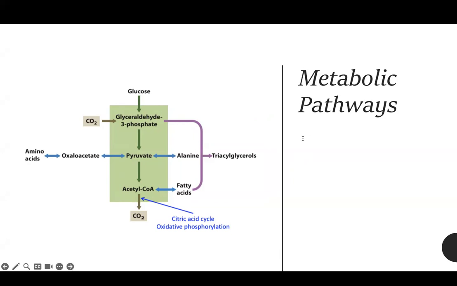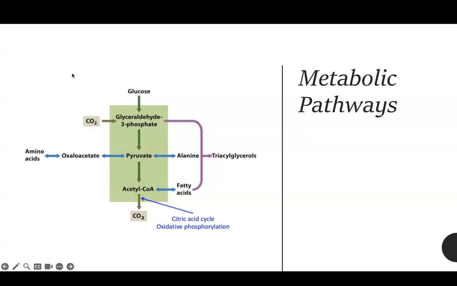A lot of metabolic pathways share some common intermediates. So in glycolysis, for example, we split glucose into 2 pyruvate via this glyceraldehyde 3-phosphate intermediate. We then get pyruvate. Pyruvate is then converted to acetyl-CoA, which is then oxidized to CO2.